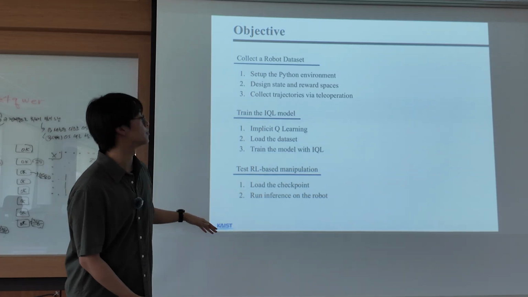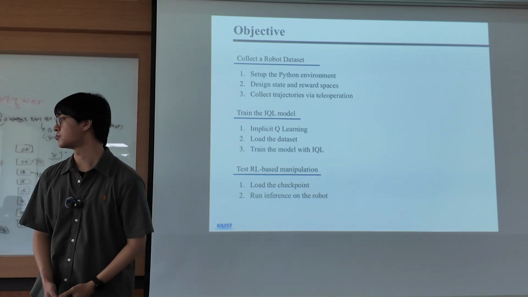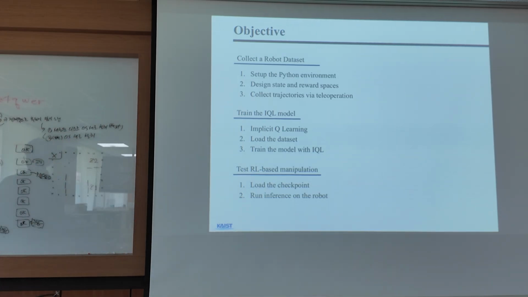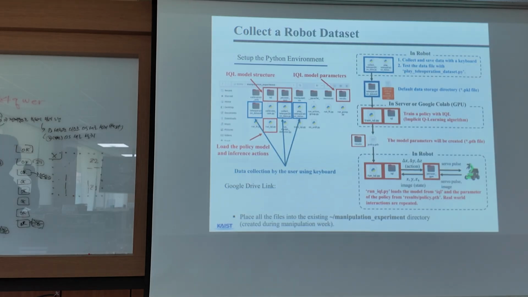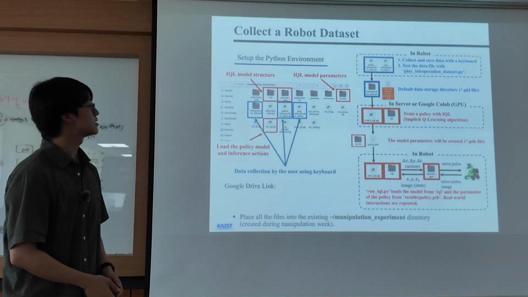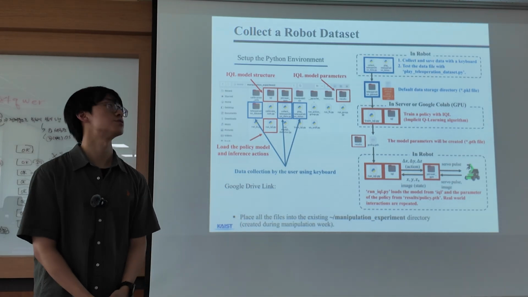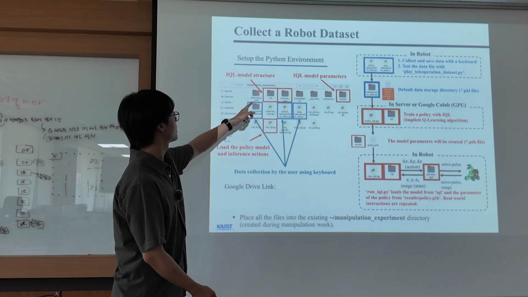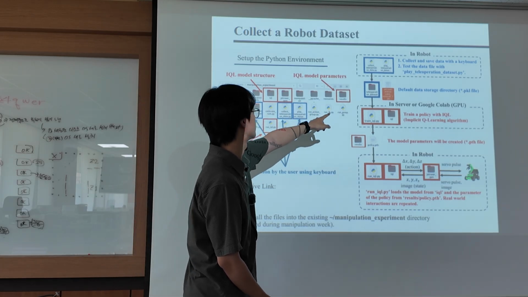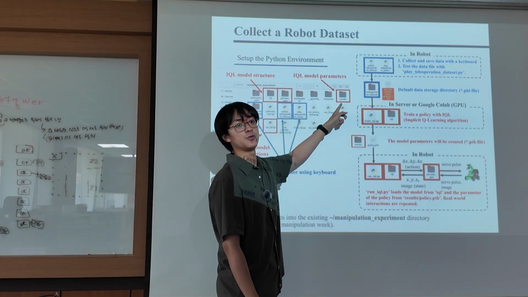So actually the brief pipeline is similar to what we've done in computer vision. Here is our file organization that we are going to use. We have some model structures and parameters.